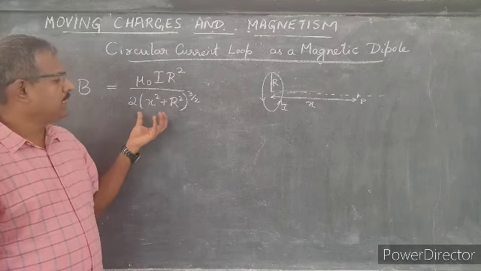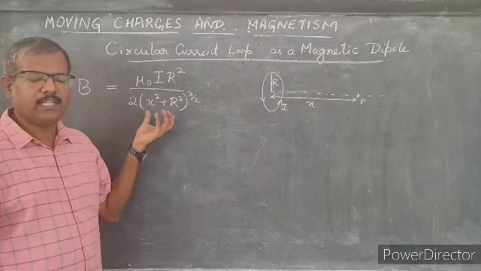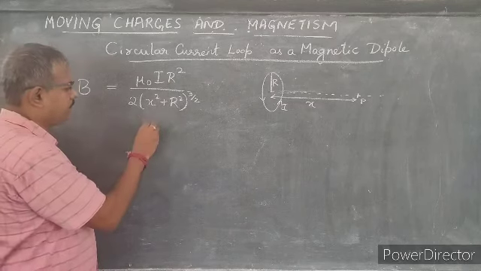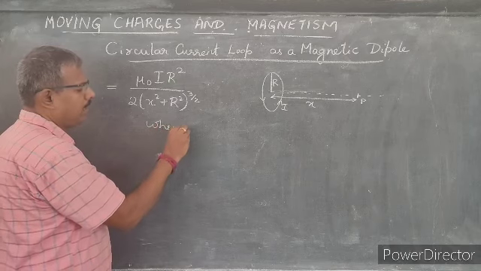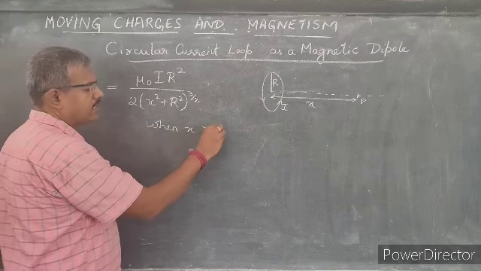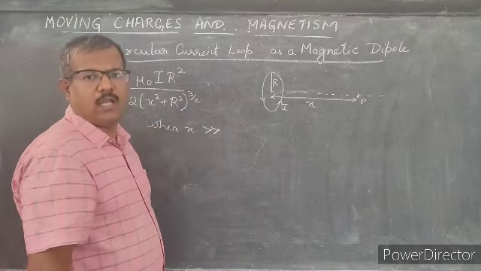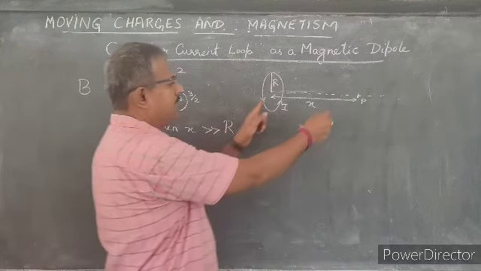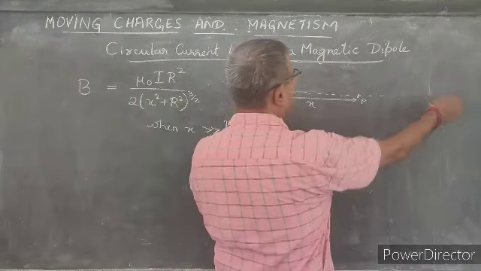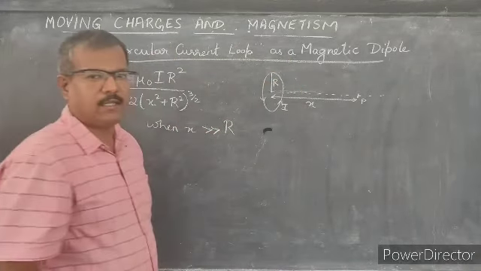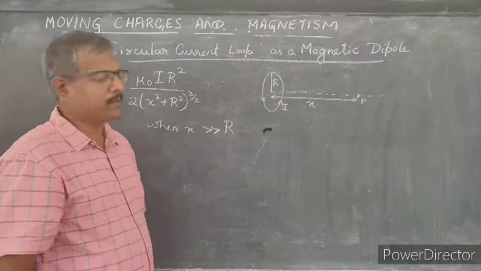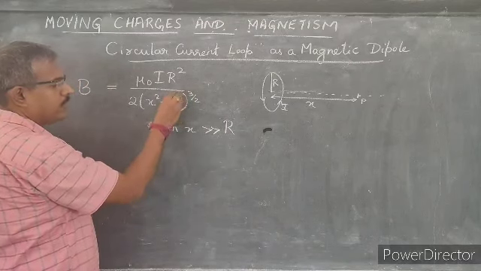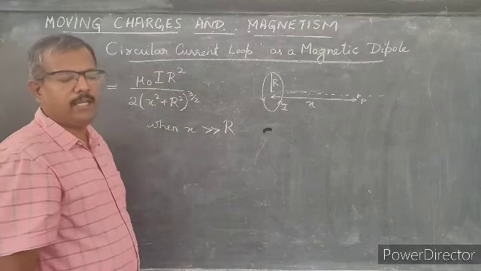Now we start with this as our initial step, and when x is huge compared to r, when this distance is huge compared to the radius of the loop, then we can conveniently ignore the r square term in the denominator.